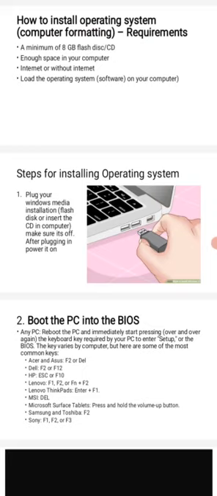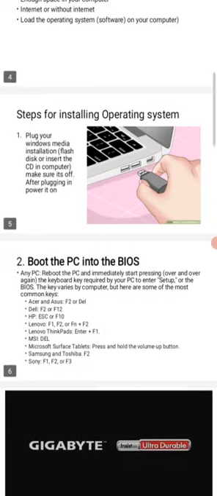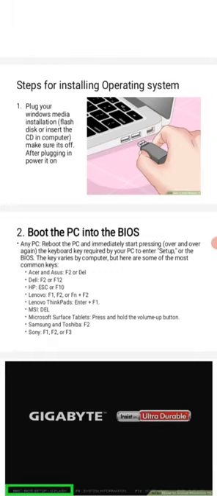You can see there in step number 1 that someone is loading that particular flash which has got a Windows operating system in it. After loading your flash to your computer, as we can see in the image, then switch off your computer.